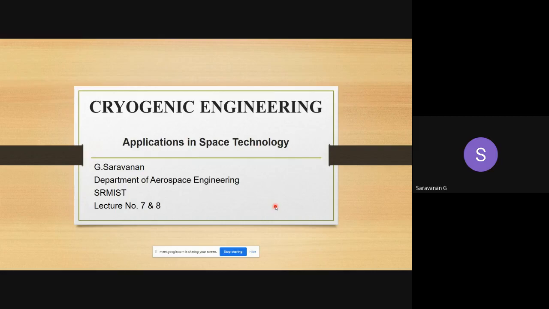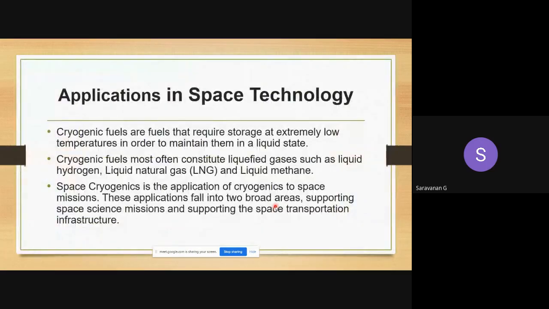So the last topic related to this unit one is applications in space technologies, that is, cryogenic applications in space technologies. So let us start with the applications. As you already know, cryogenics are nothing but fuels in the form of liquid.